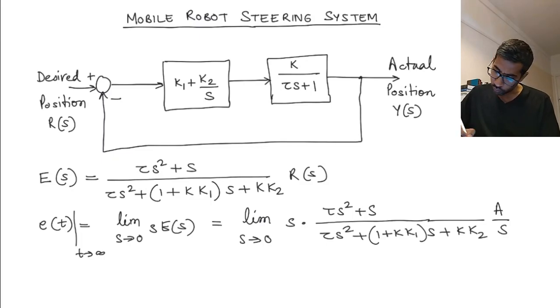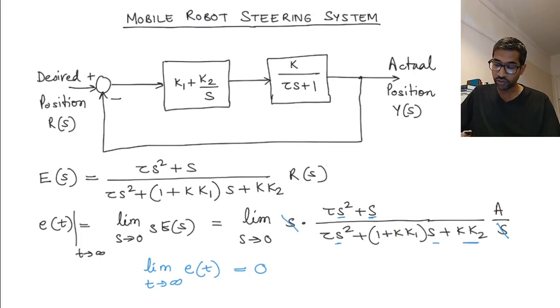We can cancel this s and this s here, and as you substitute s equal to 0, you would see that the steady state error e(t) as t tends to infinity is going to be equal to 0. This term becomes 0, this becomes 0. So the denominator is non-zero, but the numerator becomes 0, so the steady state error becomes 0.